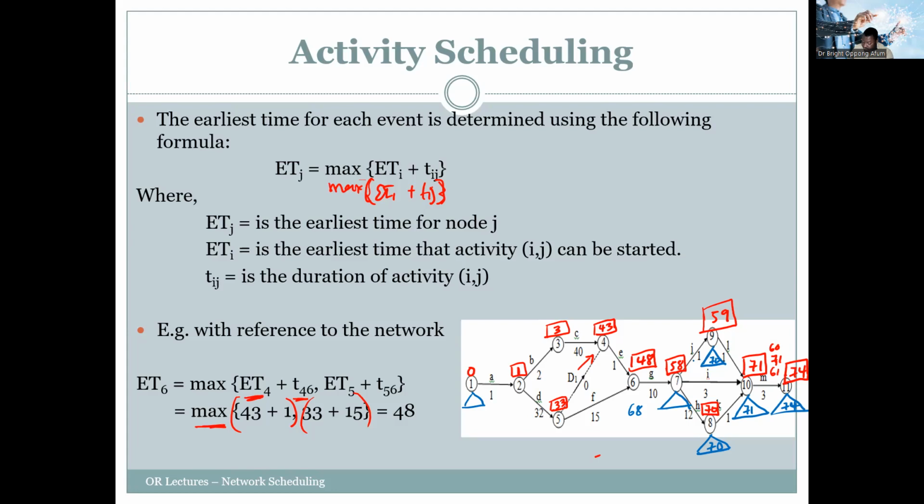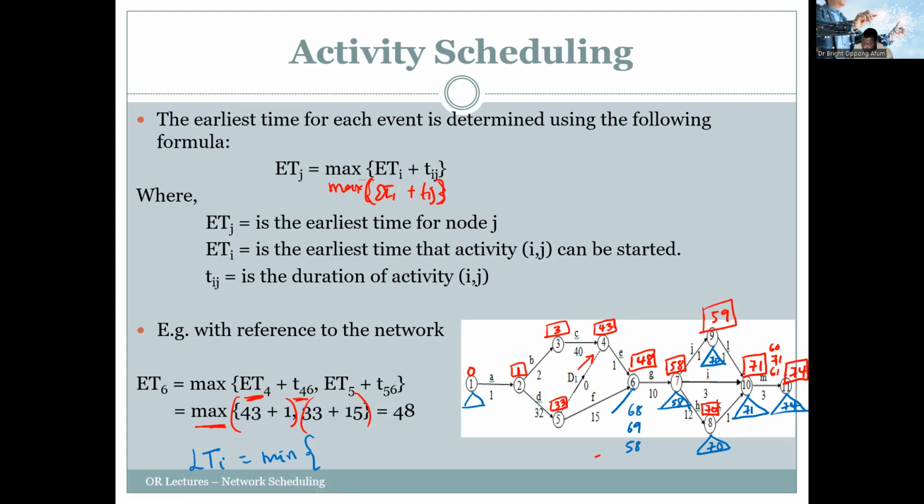All right, so 70 minus 1 is 69. Then 70 minus 12 is 58. So here, for the latest time, we actually take the minimum value. So that will be 58.